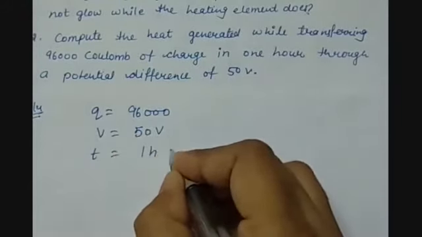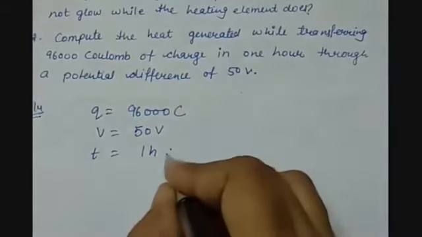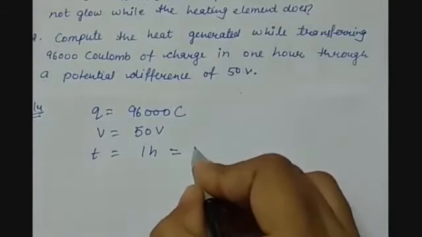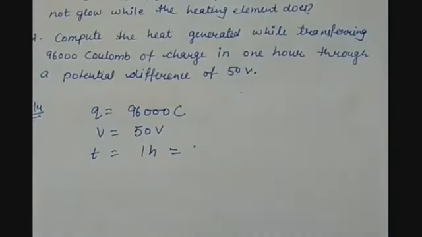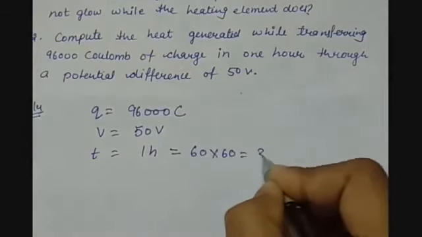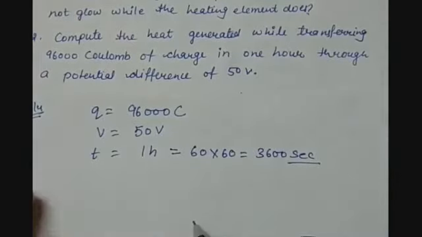Charge will be in coulombs and time in seconds, so 1 hour should be converted first. That will be 60 into 60, that is 3600 seconds.